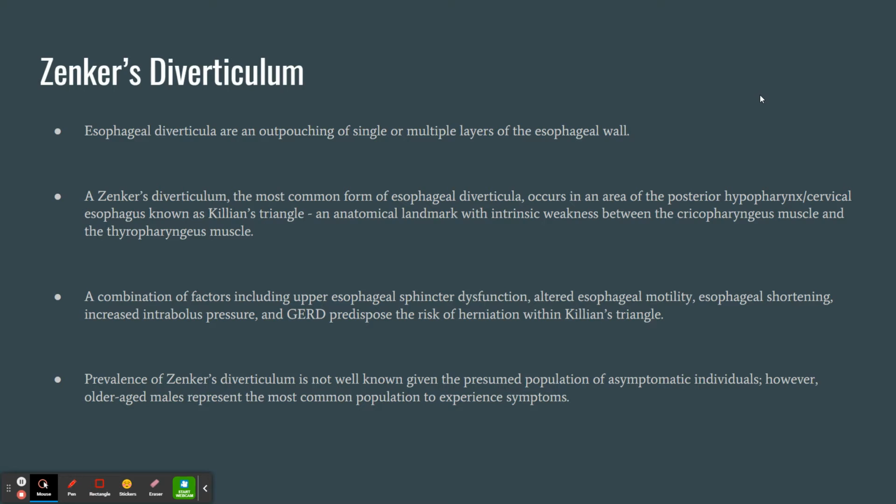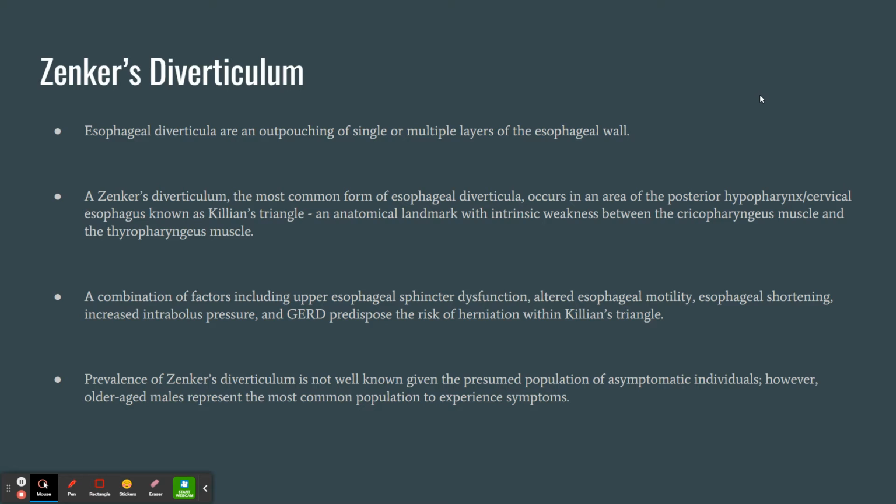So esophageal diverticula, plural, are an outpouching of single or multiple layers of the esophageal wall. Zenker's diverticulum is the most common form of esophageal diverticula, and they occur in an area of the posterior hypopharynx or cervical esophagus known as Killian's triangle, an anatomical landmark with intrinsic weakness between the cricopharyngeus muscle and the thyropharyngeus muscle.